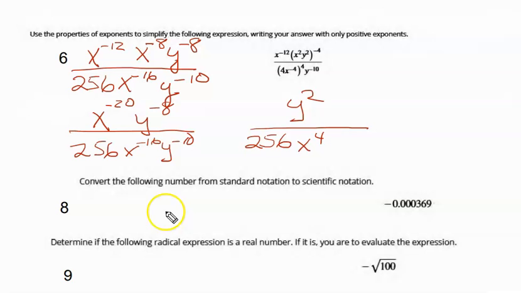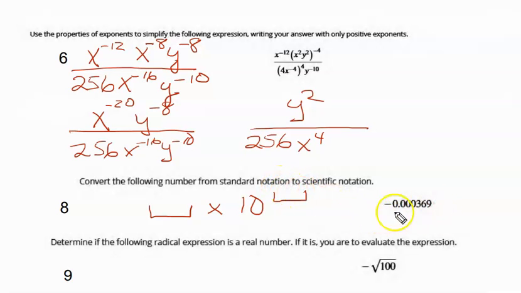Convert this now to scientific notation. Remember, we're going to need a number between 1 and 10 times some power of 10 raised to an exponent. Now, if it's a small number, we know it's going to be a negative exponent here. If it's a large number, it's positive exponents.